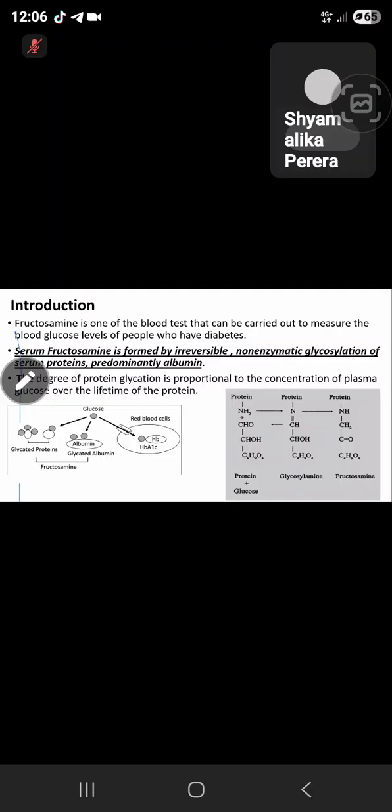Glycated hemoglobin is the combination of glucose and hemoglobin. Here, fructosamine is not the fructose molecule; it's a glucose molecule combined with albumin, because the predominant protein in our body is albumin. And the important thing is that the albumin molecule has a lifespan of 14 to 21 days.